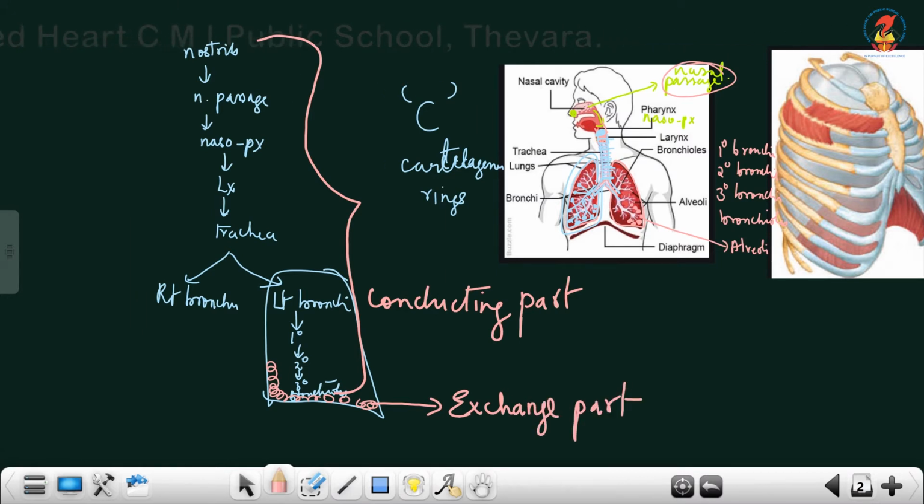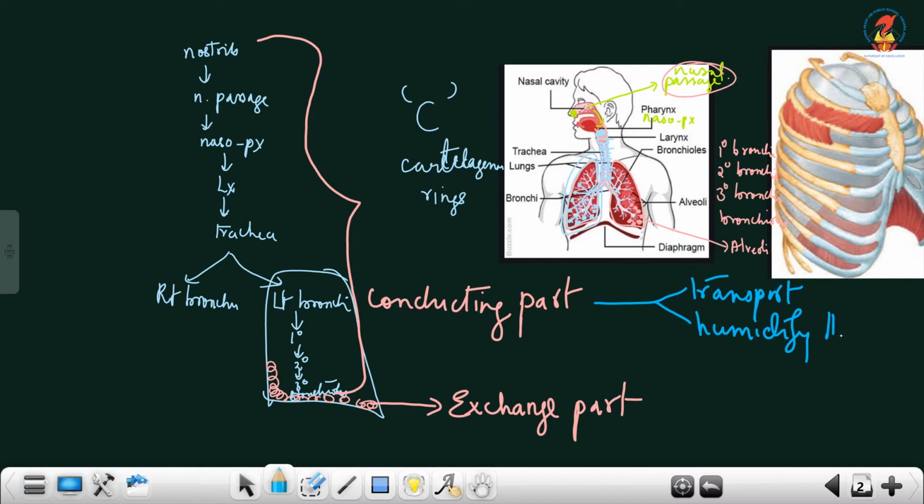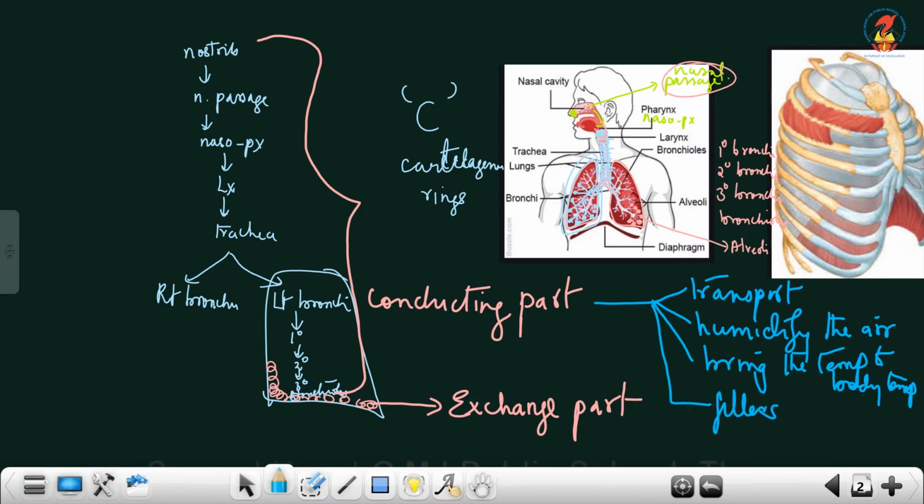Now the role of the conducting part is to transport the gases, humidify the air, bring the temperature of the air to body temperature, and most important of all, it filters the air of foreign particles. So this is the function of the conducting part.